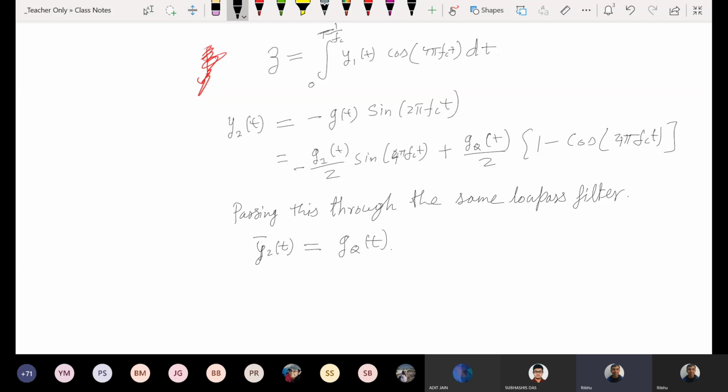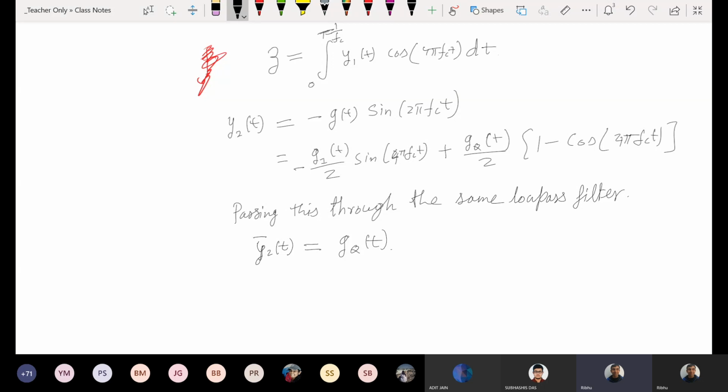Fine. So passing this through the same filter, I get y2 bar t as g_Q(t), which is what I wanted. So this is how we dissect a signal into its components.